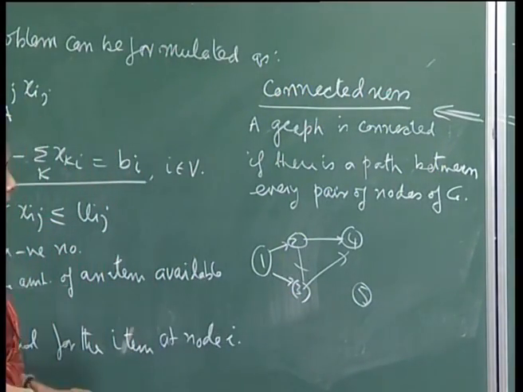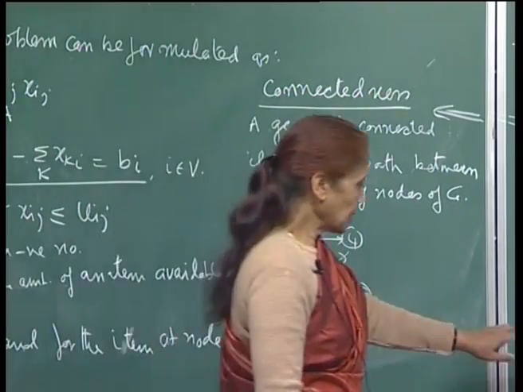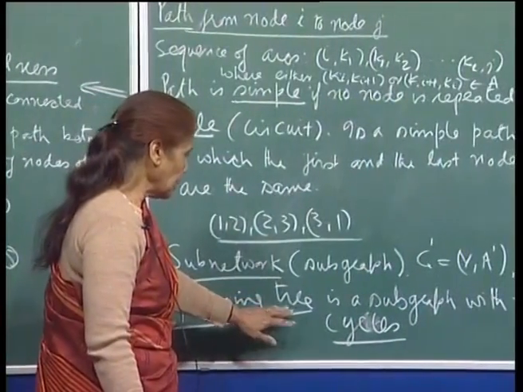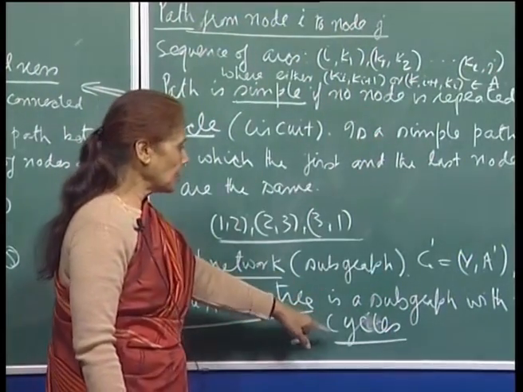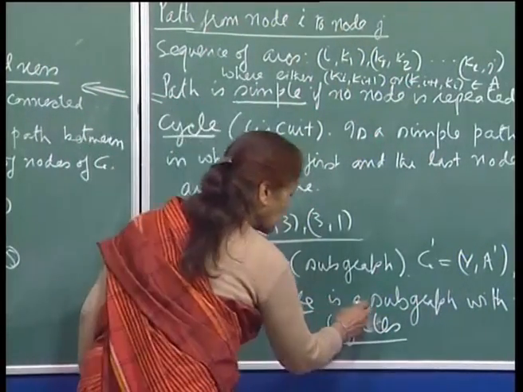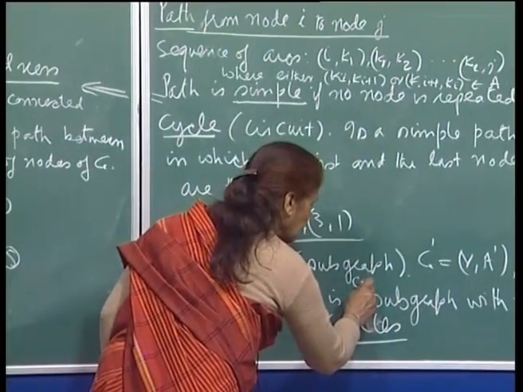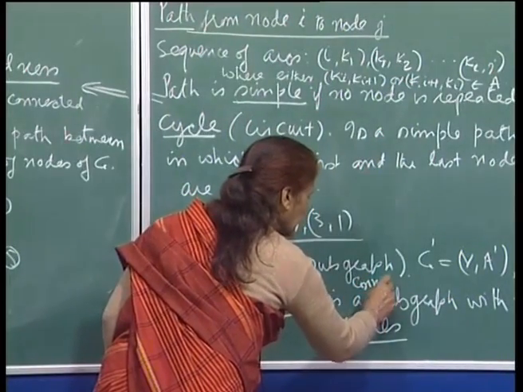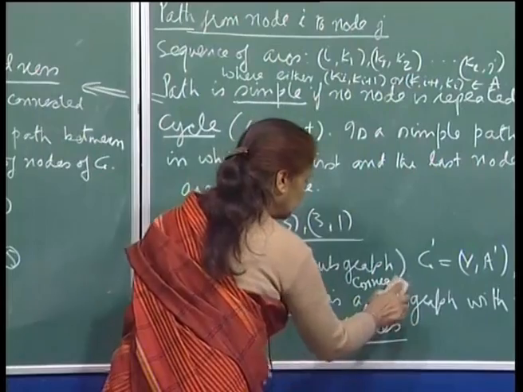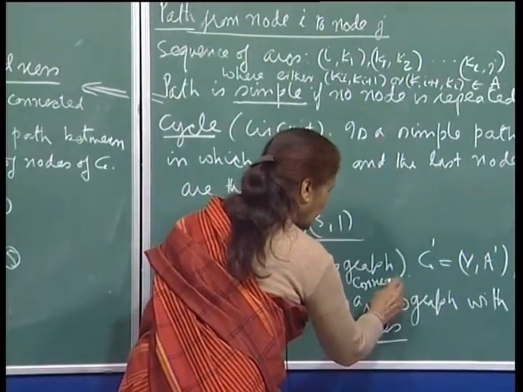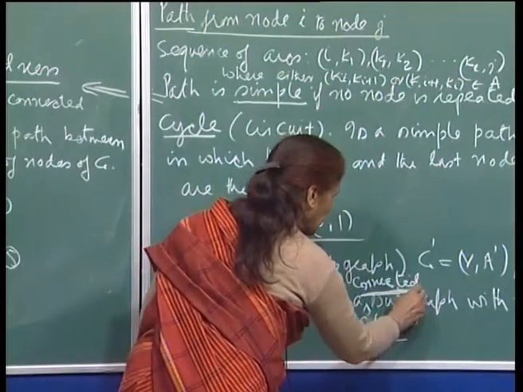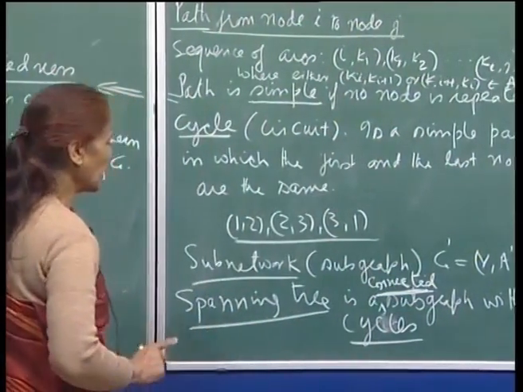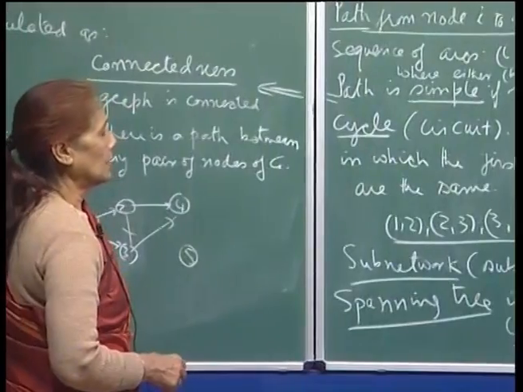So, we want connectedness. Therefore, what I have to say here is the definition is not complete. The definition has to be: a connected subgraph with no cycles is a spanning tree.